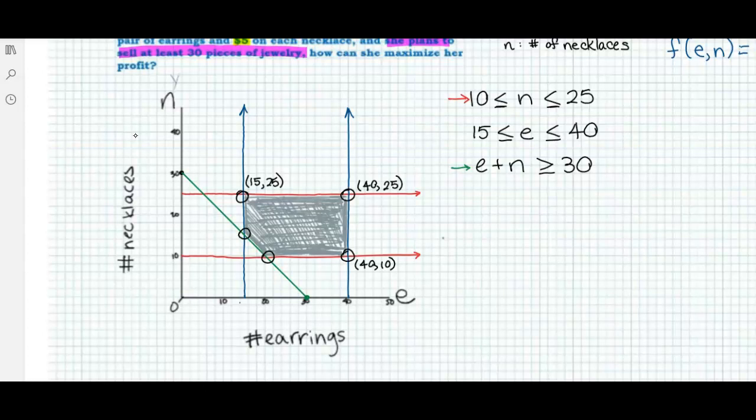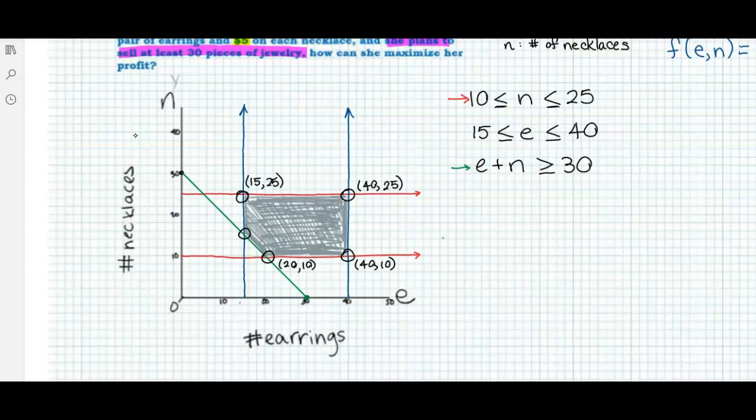Right here, this is where N is 10. N is 10. I do know that because it's on the red line. So I know it's something, 10. So if I put a 10 in my green equation here, what is E? E would be 20. 20 plus 10 makes 30.